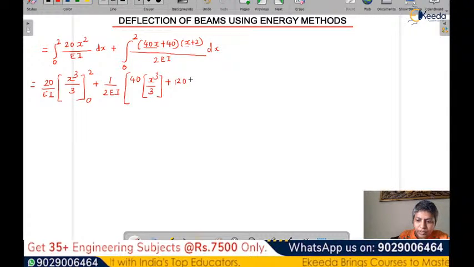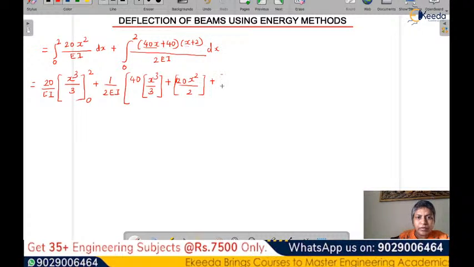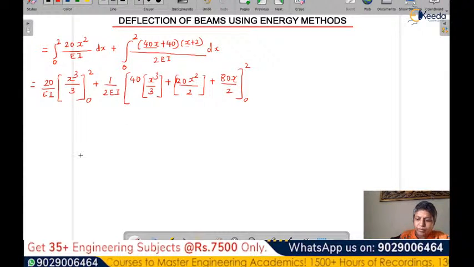So 120 into x square by 2, plus the last part, 80 into x by 2, and for the whole bracket the limits are 0 to 2. So now you do the calculation.